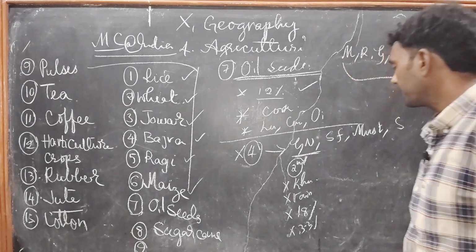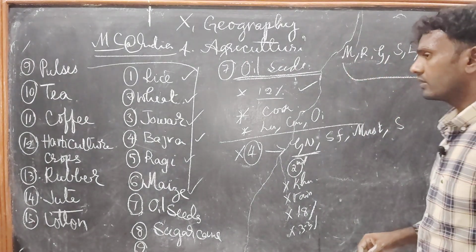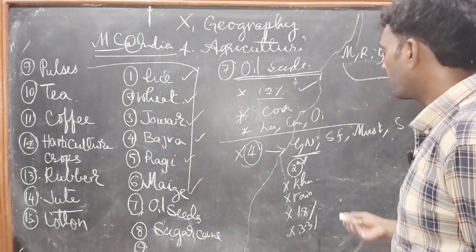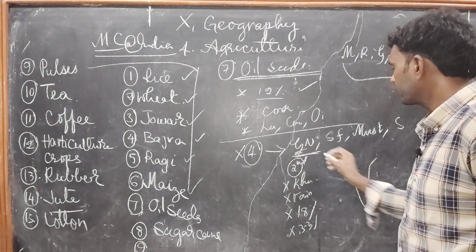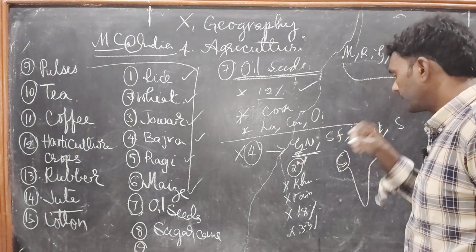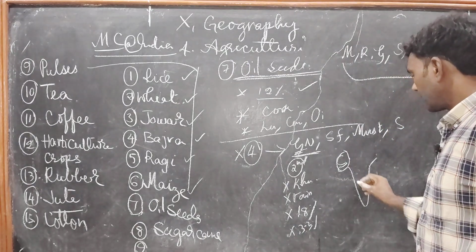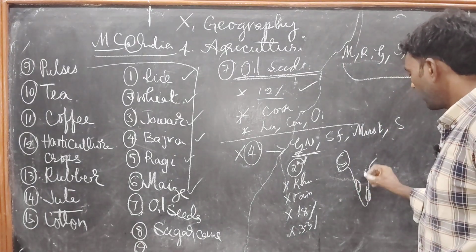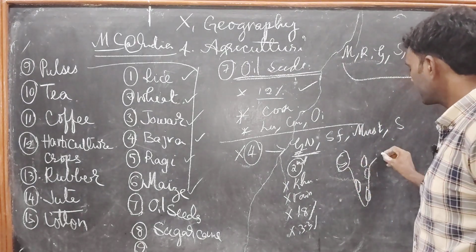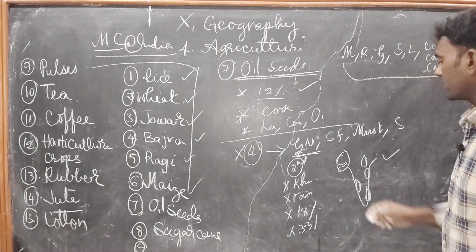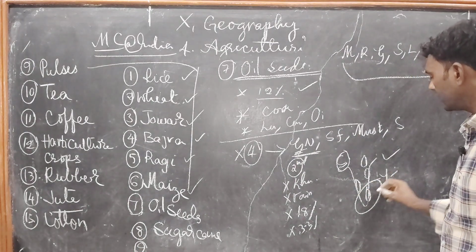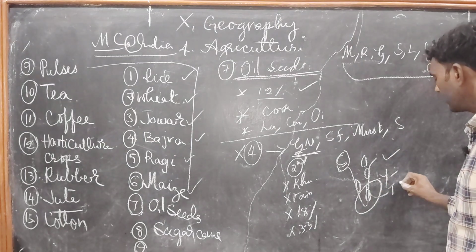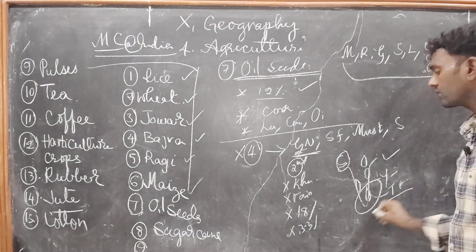Gujarat produces the most, then Karnataka, Tamil Nadu, Andhra Pradesh, Telangana. But the yield is very high in Tamil Nadu because they provide some irrigation for this crop.